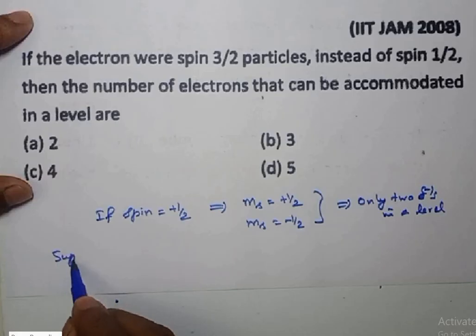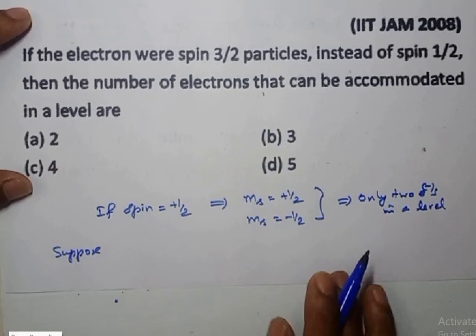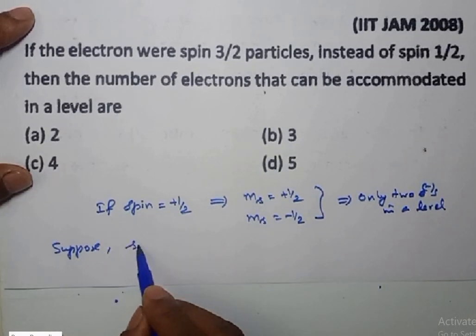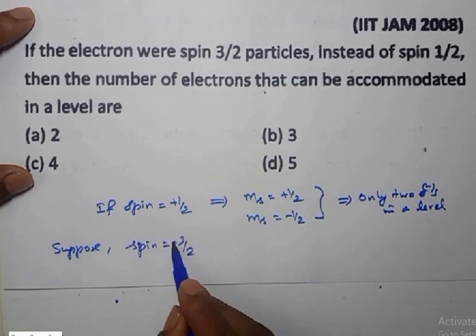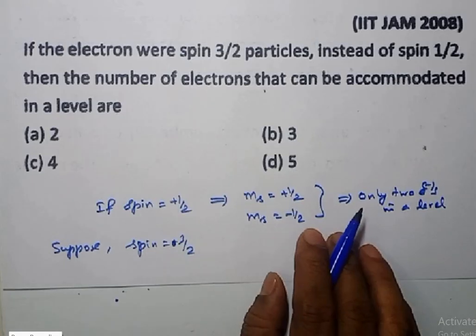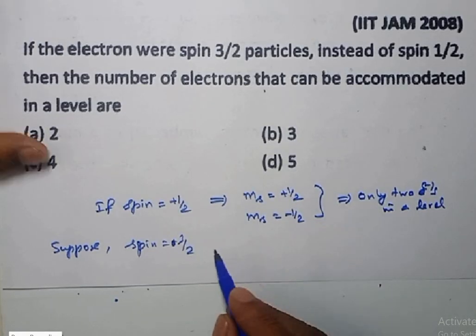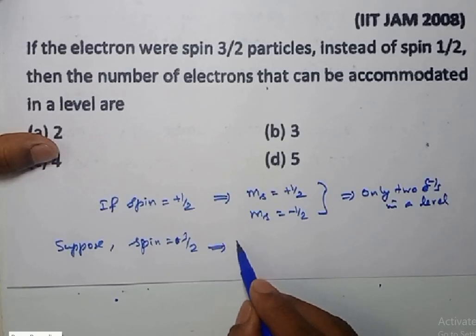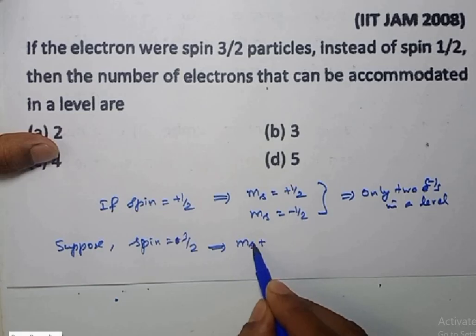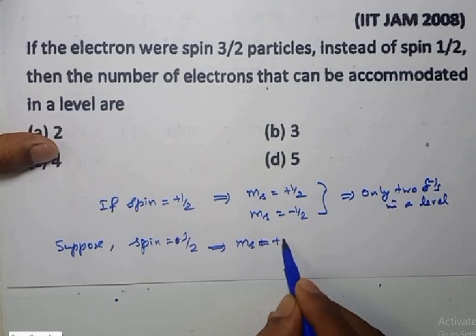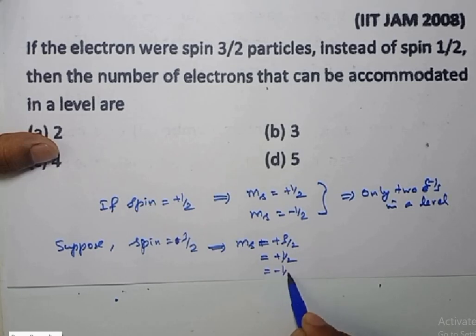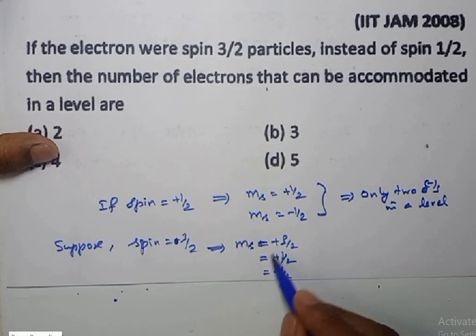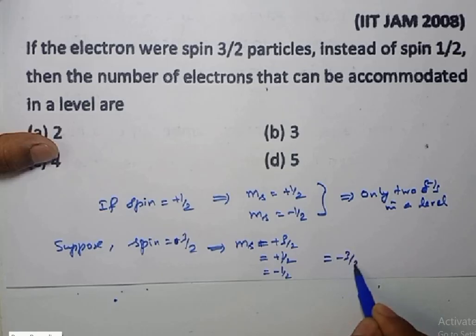Suppose instead of spin half, the electron has spin value of 3 by 2. If spin is 3 by 2, then how many possible values of Ms do we get? Ms equal to plus 3 by 2, Ms equal to plus 1 by 2, Ms equal to minus 1 by 2, and Ms equal to minus 3 by 2.